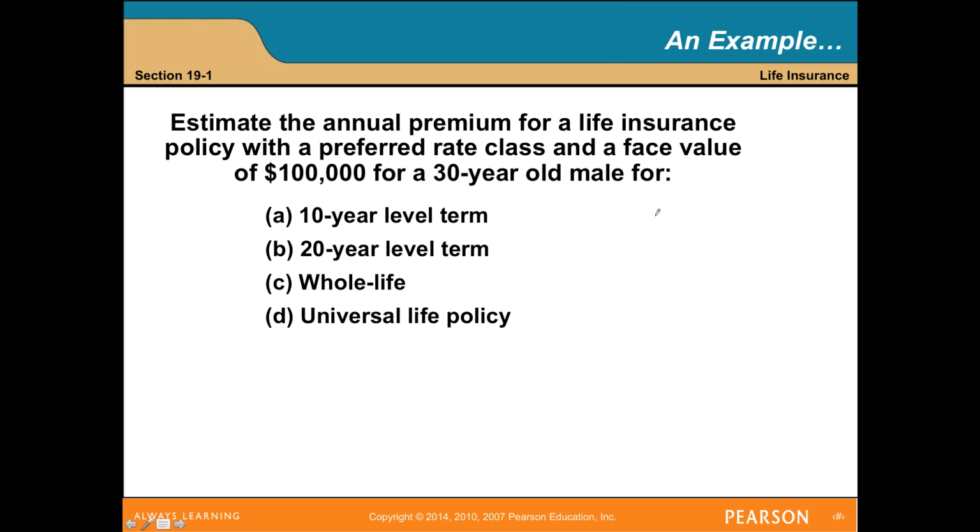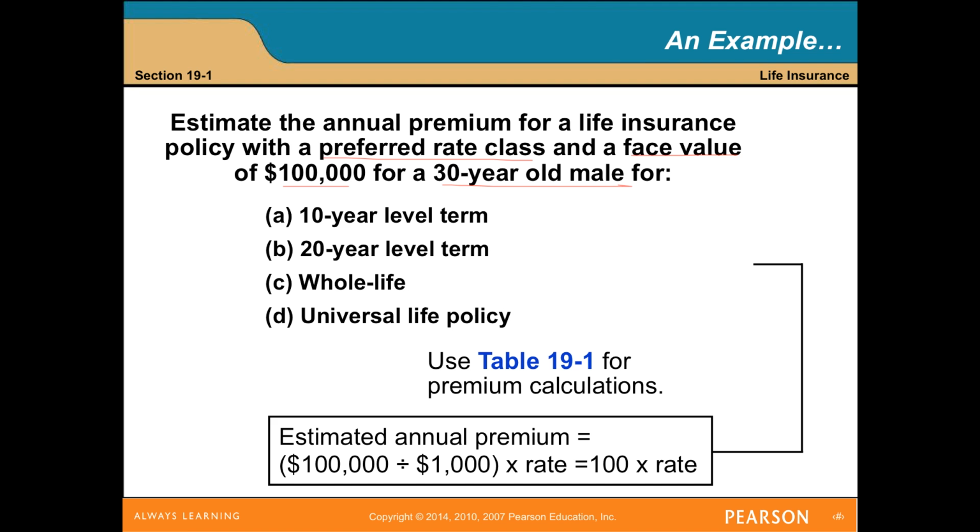Estimate the annual premium for a life insurance policy with a preferred rate class and a face value of $100,000 for a 30-year-old male. It's asking you to check it for these four: a 10-year level term, a 20-year level term, whole life, and universal life policy. Use Table 19-1 for premium calculations. Estimated annual premium is 100,000 divided by 1,000, as illustrated in the formula in the previous slide, times the rate, which equals 100 times the rate.